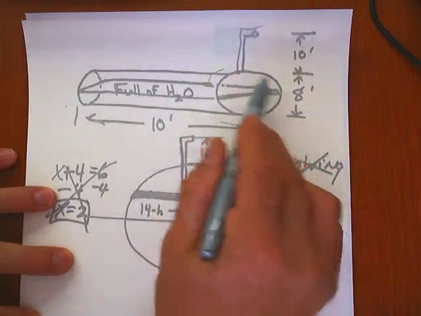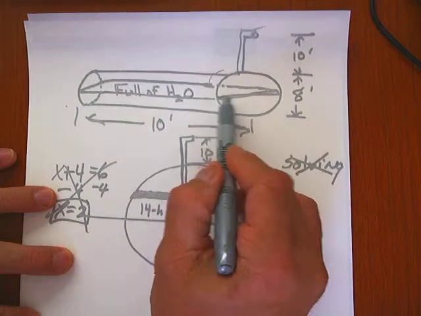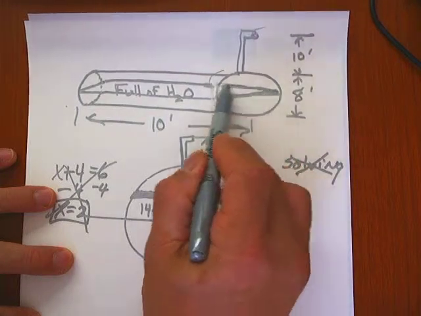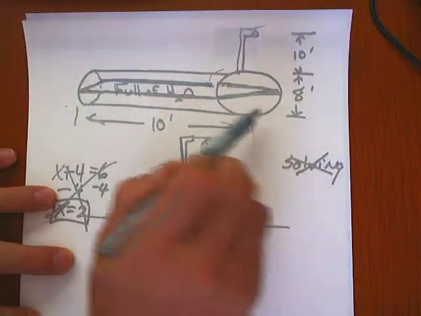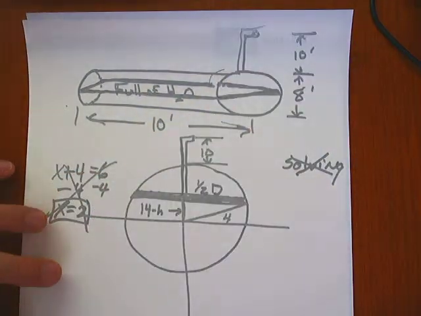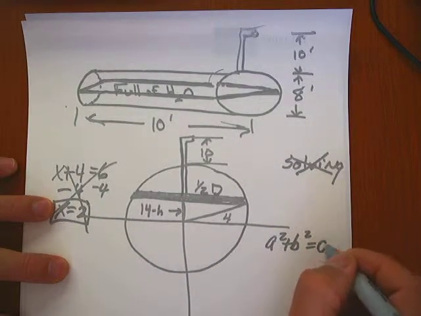Each time you have a cylindrical tank on its side and the slice is going to be going up and down like this, you're going to be using this relationship, which involves the Pythagorean theorem.